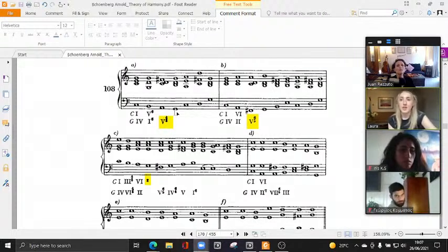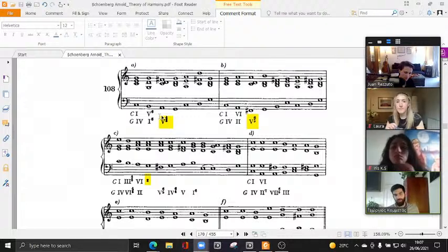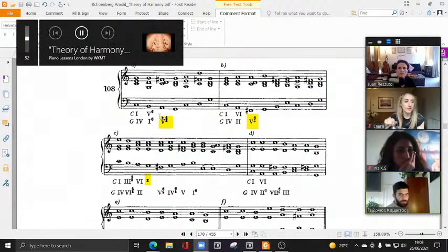Let me see, who can tell me why this is not enough for a modulation? The dominant is inverted, and there's not a cadence there, so it's not established enough.